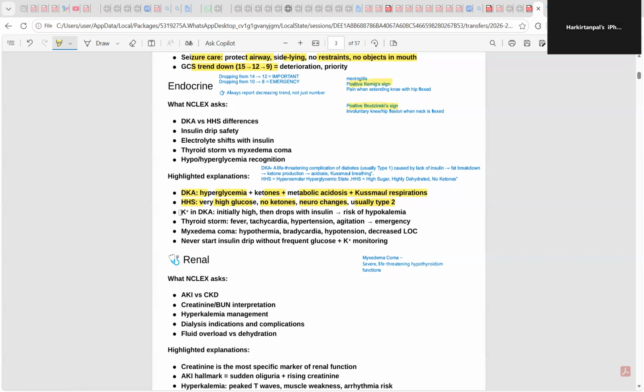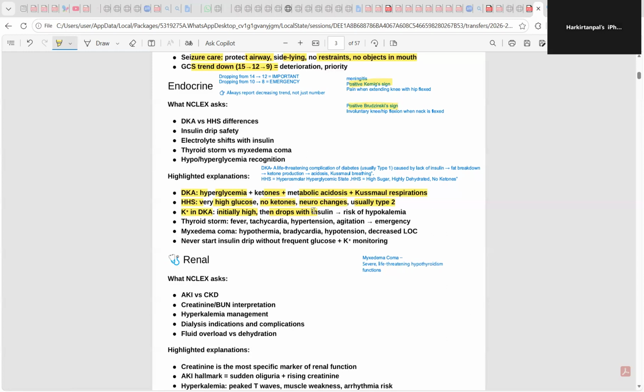Okay, and in DKA, what happens is the potassium can accumulate. Initially it will be high. In hyperglycemia, the primary management is to administer D5 with insulin. When we start the insulin, the insulin has a role to remove the glucose from the blood to the cells, and likewise, it removes the potassium from the blood into the cells.